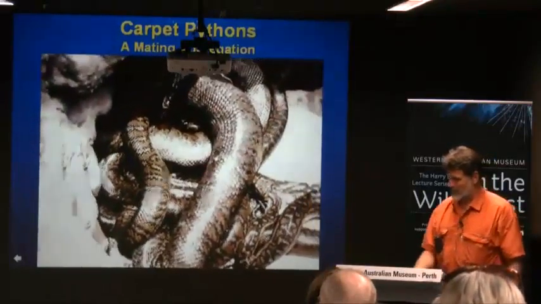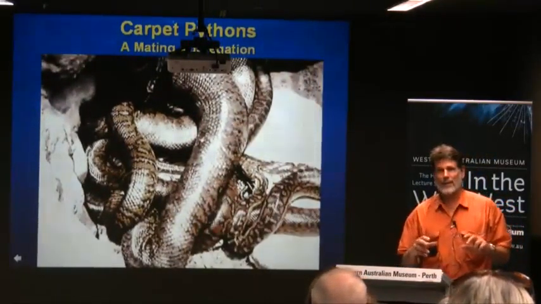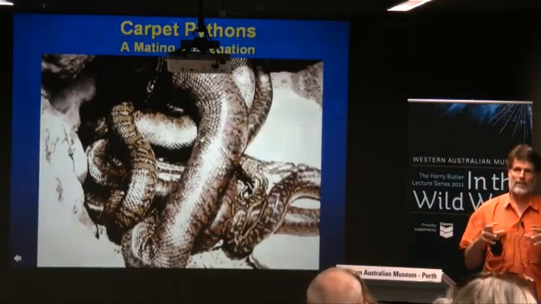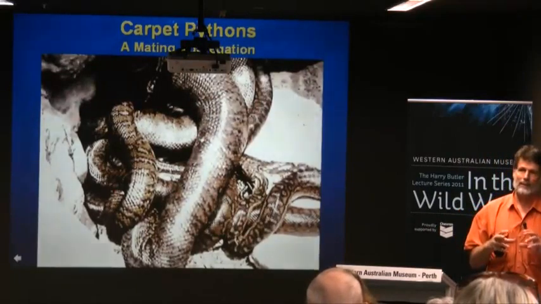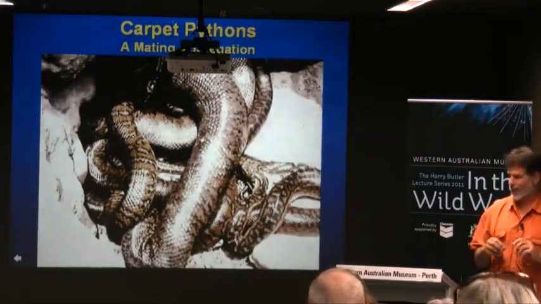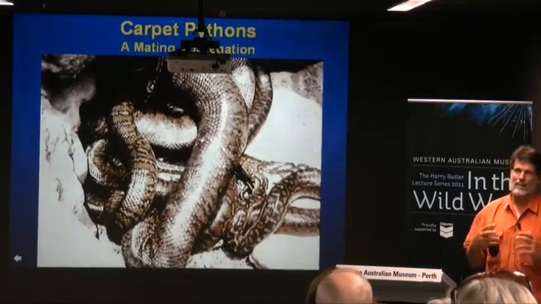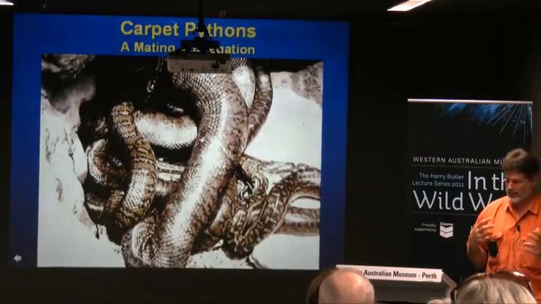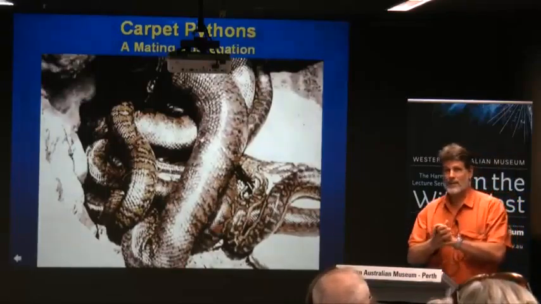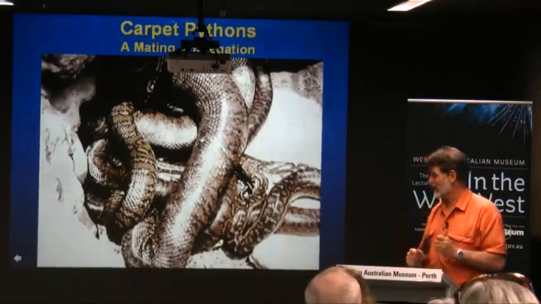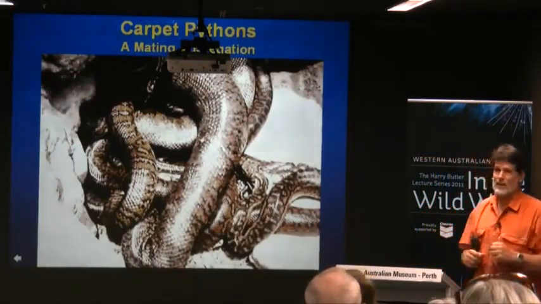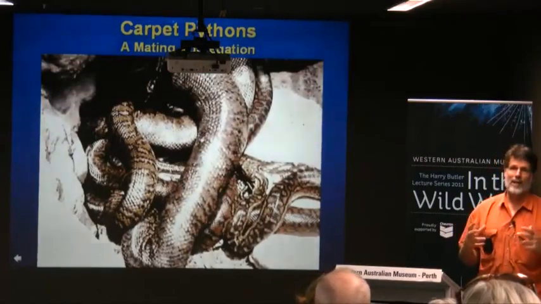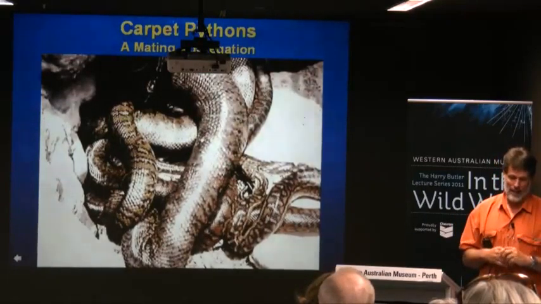When we finished actually taking all the stills and looking at it, this was a mating aggregation of some seven carpet pythons. Unfortunately, we didn't have the expert with us at that stage, but certainly a major female who'd recently fed. But whether the sexes of the other six were males, we don't really know. But in fact, you can see that there is a remarkable aggregation occurring during the mating period.